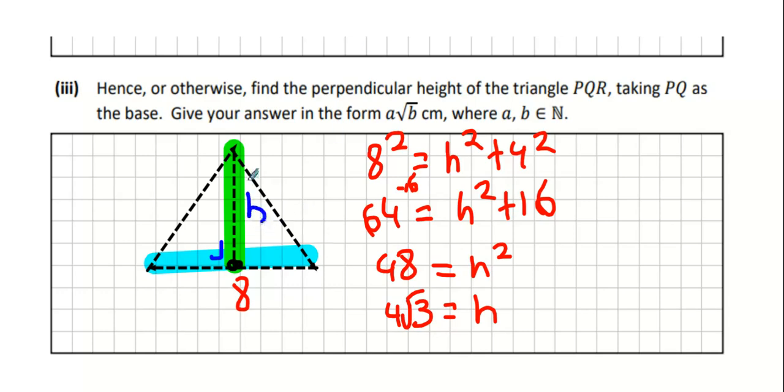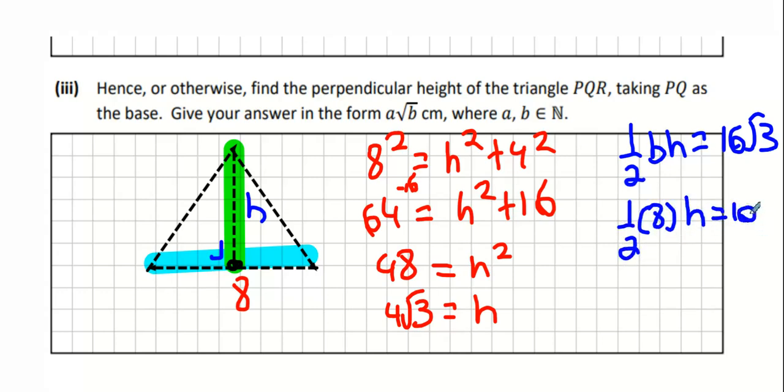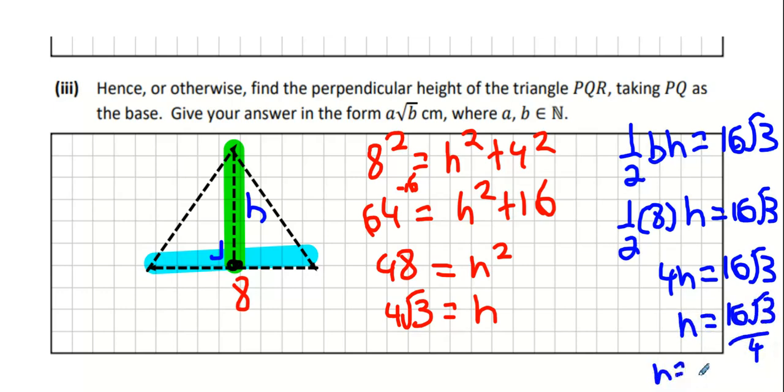A half base times height is, what do you say, 16 root 3? What's half of our base? What's half of A? 4h. And what's 16 root 3 divided by 4? 4 square root of 3. Two methods, equally valid. Both methods work.